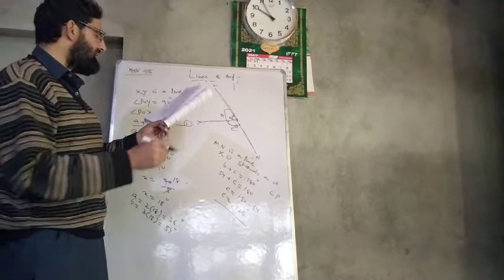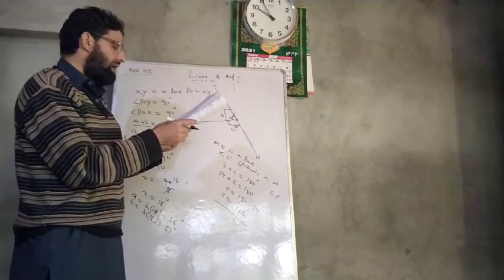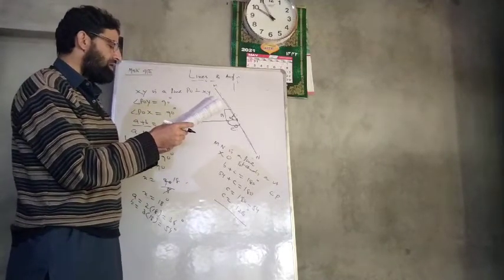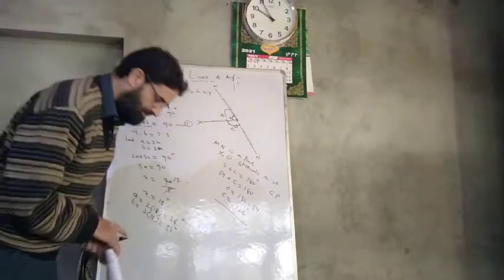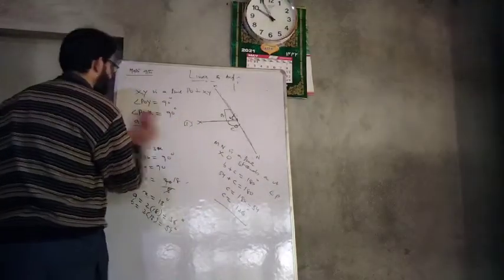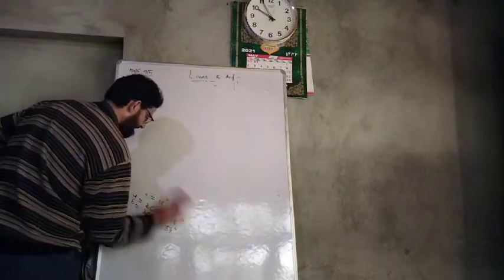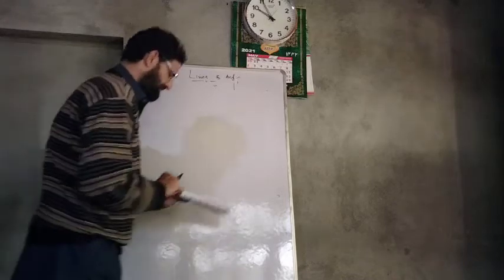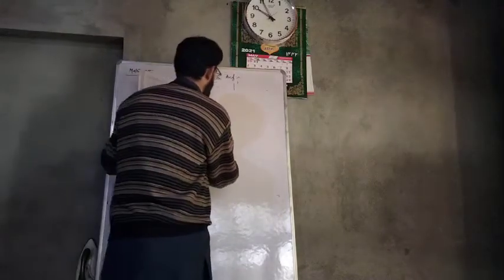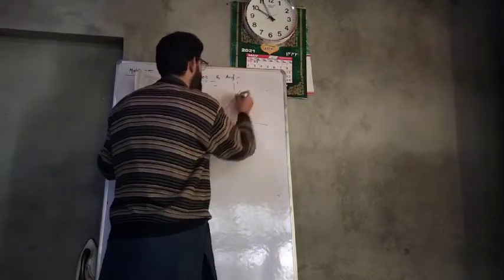Now question number 3 reads: angle PQR is equal to angle PRQ. This is given. So quickly we shall attempt one more question. This is a line segment like this.